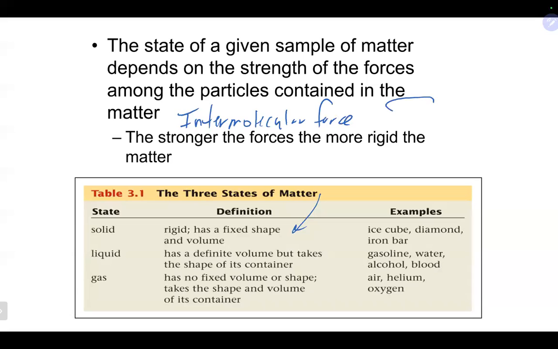It really is the force that holds two molecules together. So it is the force that will hold a water molecule together with another water molecule. It is the force that will hold a methane molecule together with another methane molecule. And those intermolecular forces are really the ones that determine a lot of times what state things are in.